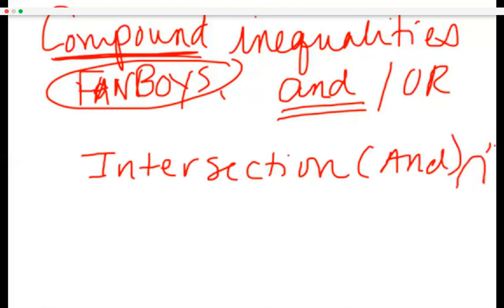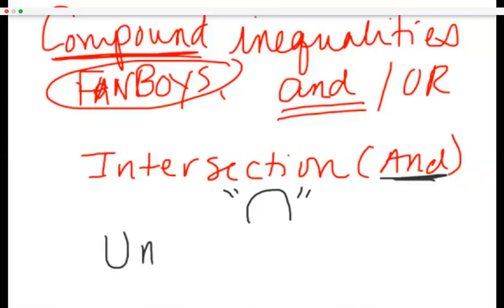The symbol we use looks like an upside down U. Some people even see a letter N. Personally, I like to reference it as the letter N because that would be closer to the word end. That would make more sense. So the intersection, guys, is the first type of compound inequality we discuss in our math classes, okay?